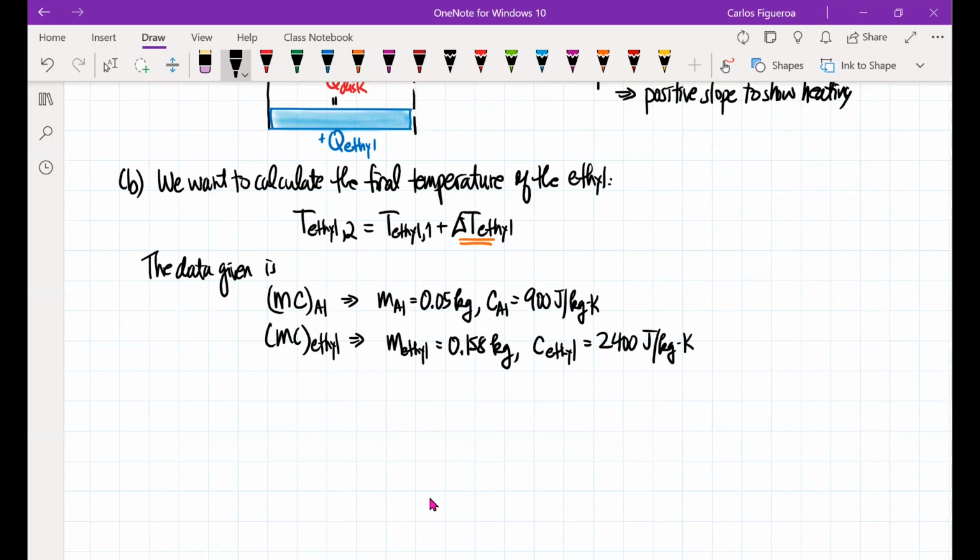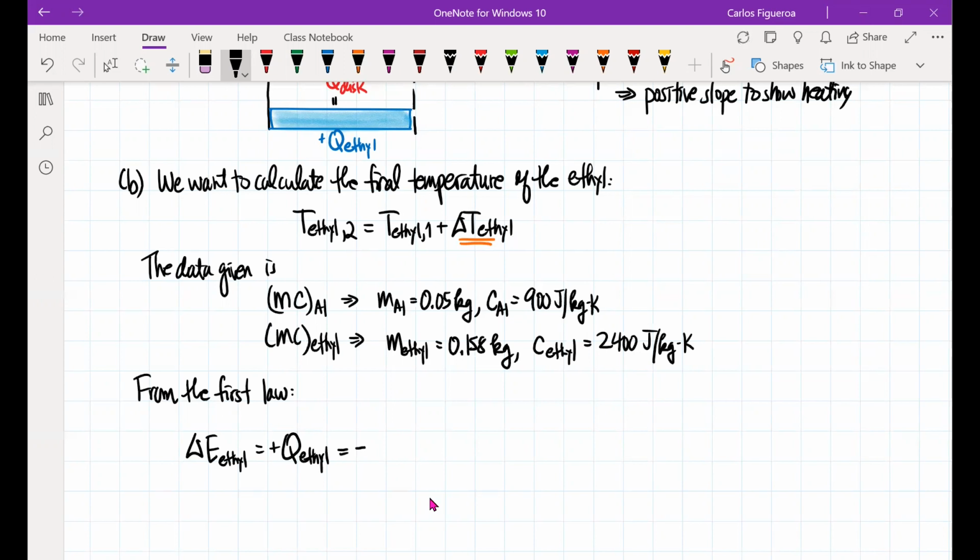So now I'm going to follow right through the first law. From the first law, we know that the change in internal energy of the ethyl is seen as the heat transfer to the ethyl, which deals with the temperature change.